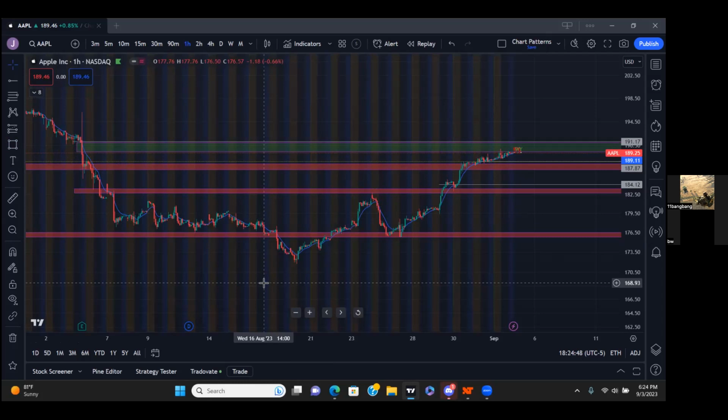So that lets you know the opportunities you can take right here: if we fall below 186, right? If we lose the bottom of that red zone, what number is that at? 186.57.